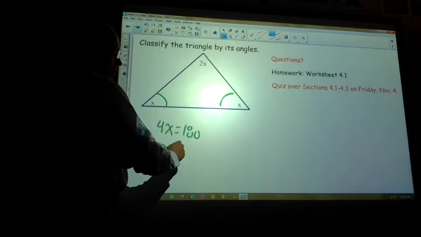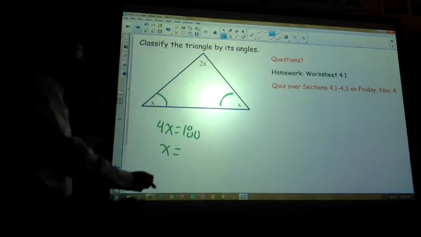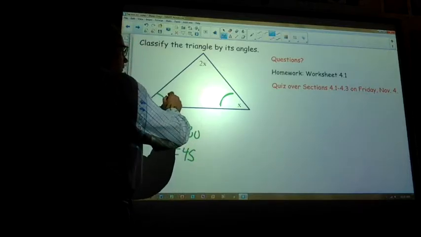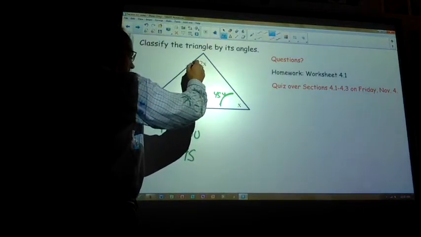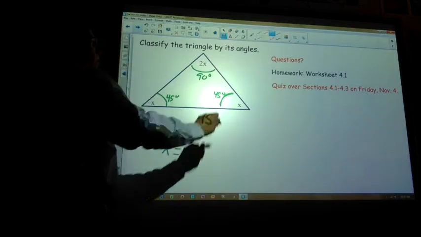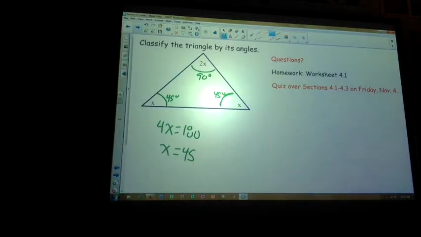Divide each side by 4, so you'd get 45. So that's 45, and that's 45, and that's 90. So classify the triangle by its angles. What's one angle that is an important angle? The 90. It's a right. So this is a right triangle.